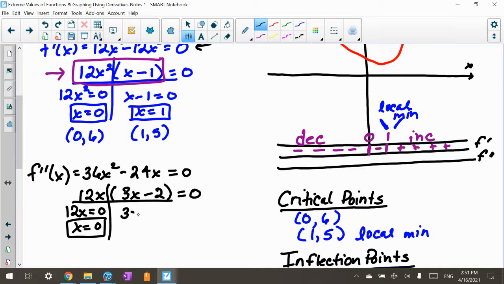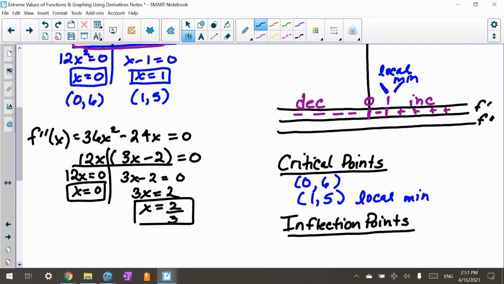I have 3x minus 2 equals 0. 3x equals 2. x equals 2/3. So there's the x value of my inflection point. Now again, 0 is going to be 0, 6. We've done that several times. So here's my 0 here, and the other one is 2/3, and 2/3 I'll put right here, okay?